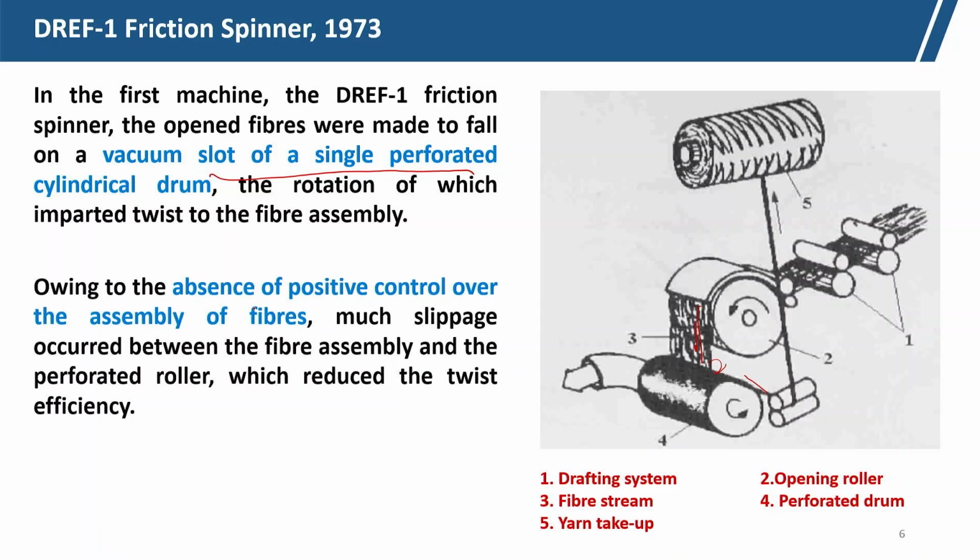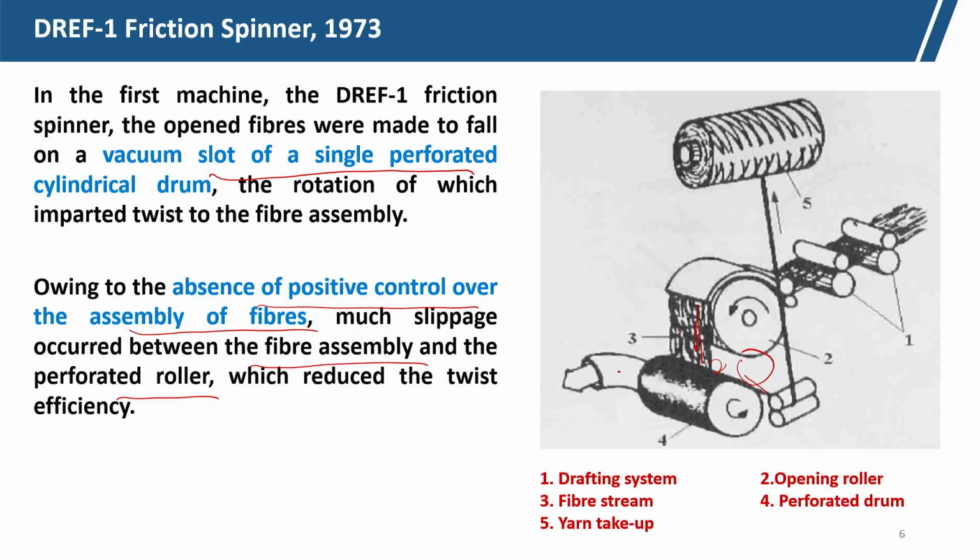Owing to the absence of positive control over the fiber assembly, there is no positive control. Here there is no second drum. That is why much slippage occurred between the fiber assembly and the perforated roller, because no positive friction was given; only the normal force we get from the suction.